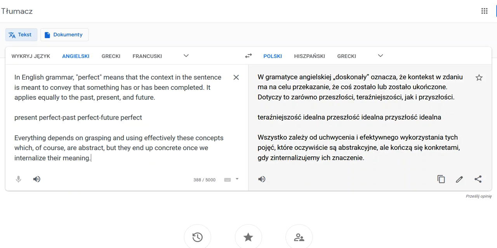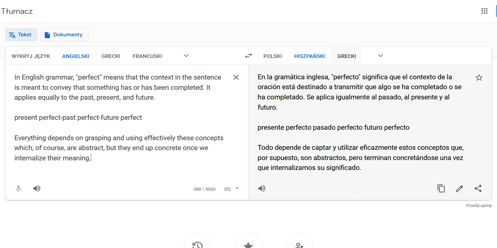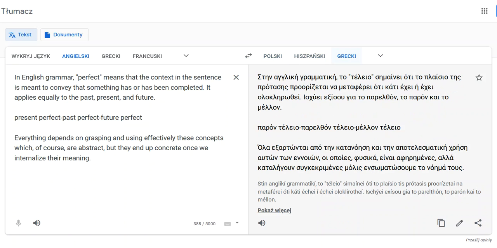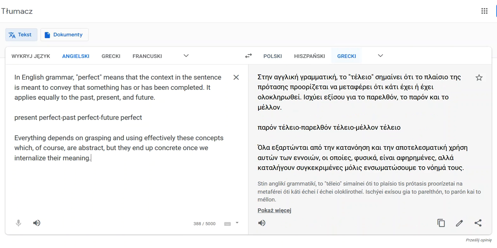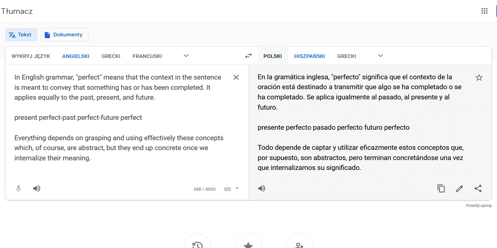Okay, so I hope the Polish translation is good enough to understand what I mean. Okay, these are the tenses: present perfect, past perfect, future perfect. So take a look at the Spanish and the Greek. And why do I use Greek? Oh, because I'm Greek and I have Greek students, and I speak Spanish, and I've been teaching Spanish for many years.